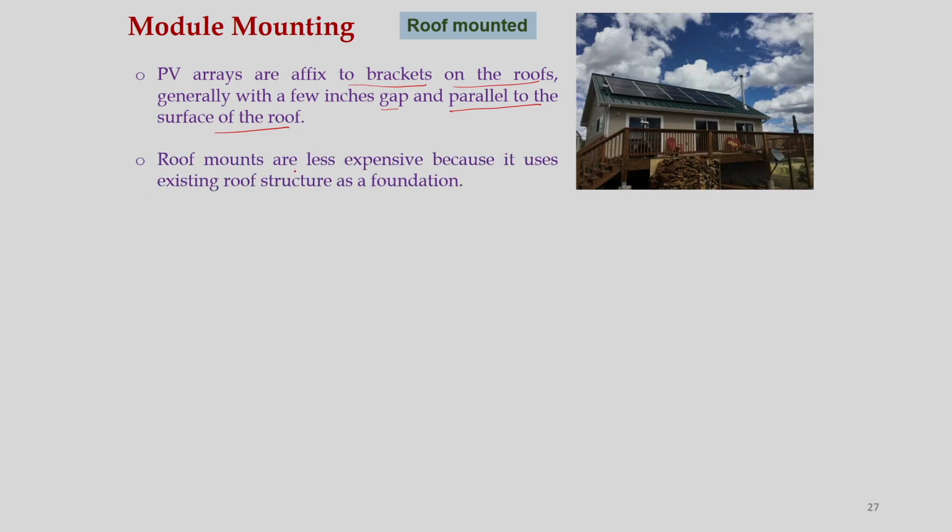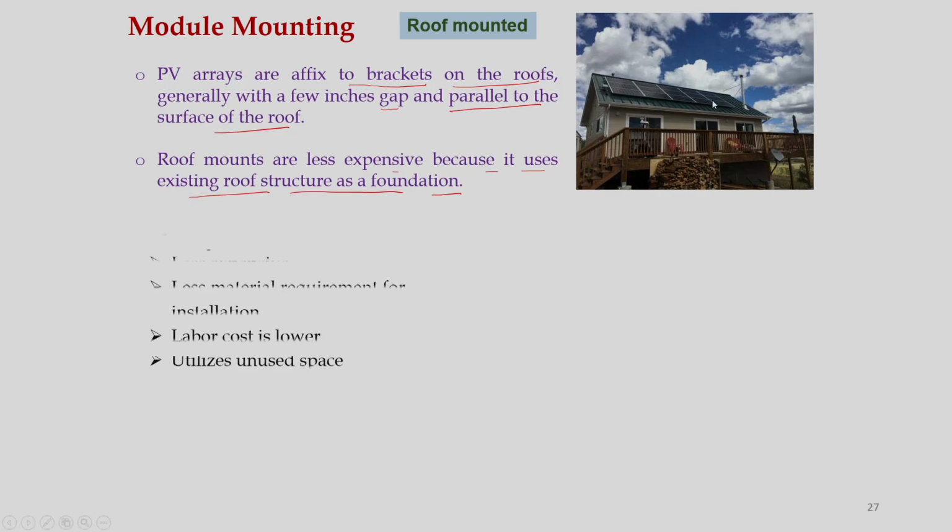And these roof mounts are less expensive because it uses existing roof structure as a foundation. Okay. So, you do not have to build that structure to hold this entire PV system, right. So, that is one advantage, but at the same time we must confirm the strength of that roof to carry that much of load.